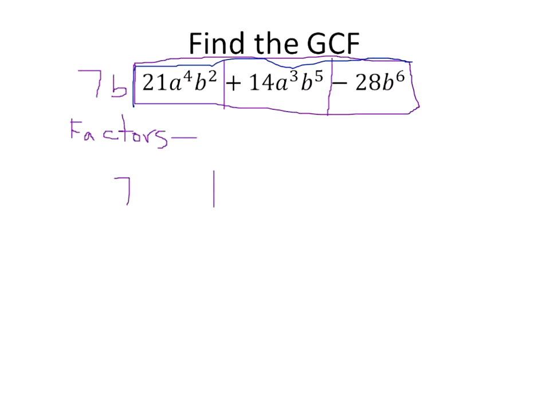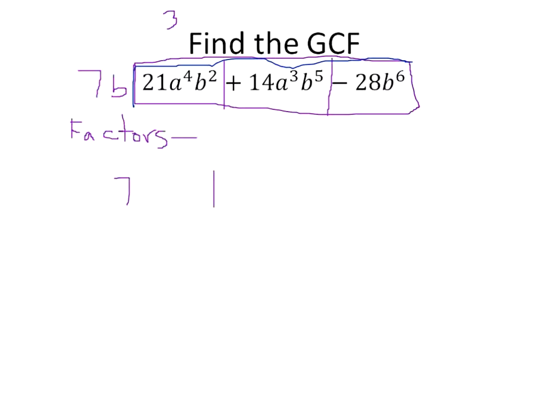So if I'm dividing 7b squared into 21a to the 4th b squared, how many times does 7 go into 21? 3. I'm going to write it way up here so you can see it. And how about the a's?